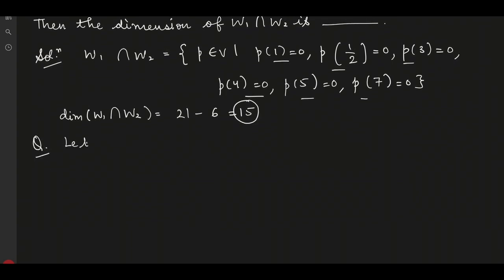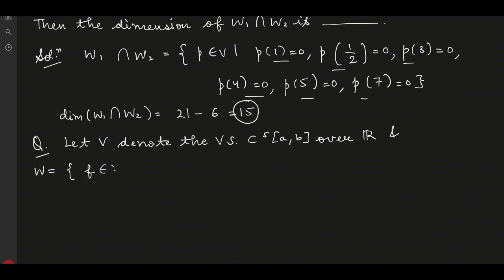Let V denote the vector space over R, and W equals f belongs to the vector space V such that d to the power 4 f upon dt to the power 4 plus 2 d square f upon dt square minus f equals 0.